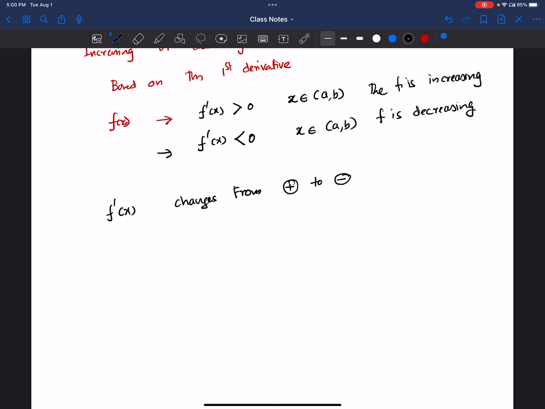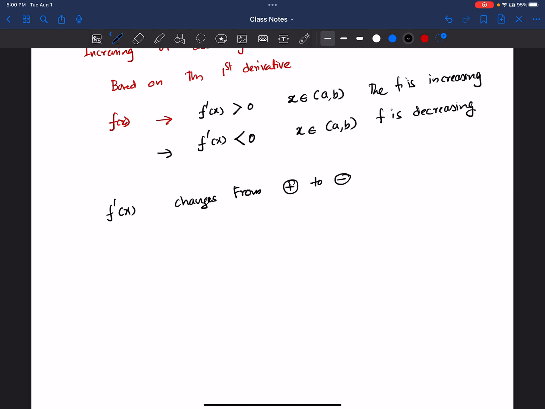Once you find the critical points, we can see how the sign of f prime of x changes around the critical point, and we can say whether that critical point is a local minimum or local maximum.